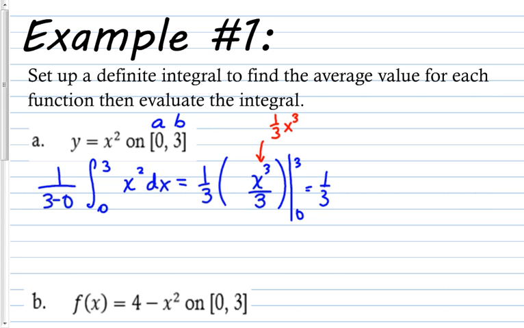I could pull it out and not have to worry about it within the integral. Could do that. I'm just going to leave it for now. But you can. You're allowed to. What I'm saying is I could do this. This is 1/9. And then just leave the x cubed and then evaluate that from 0 to 3. You can totally do that.